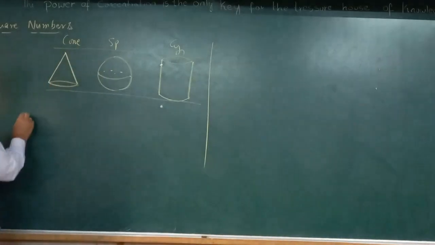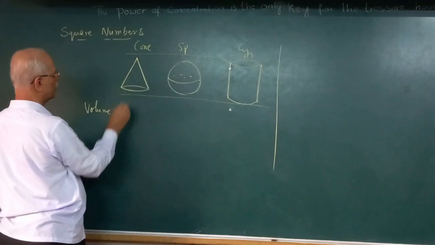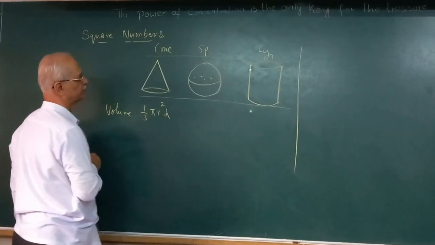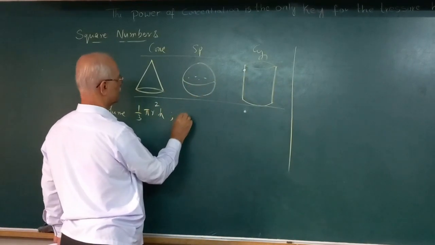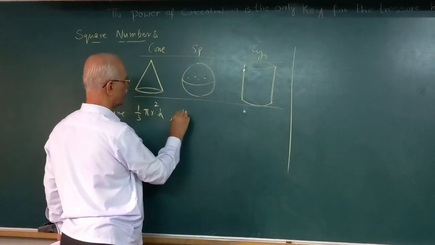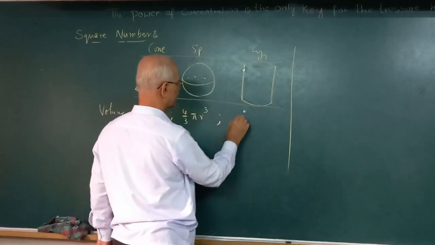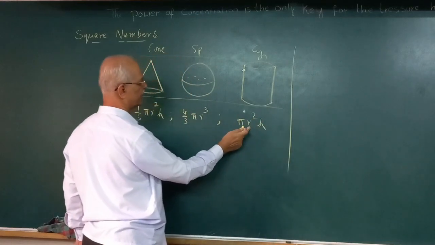I write here volume. Volume of cone is 1/3 pi r squared h. Sphere, 4 by 3 pi r cube. Cylinder, pi r squared h. H is the height, r is the radius.